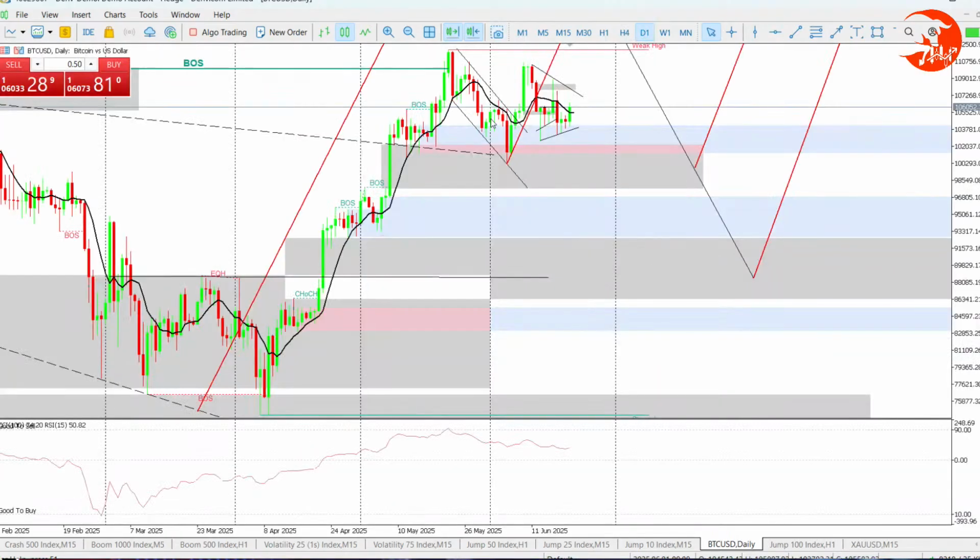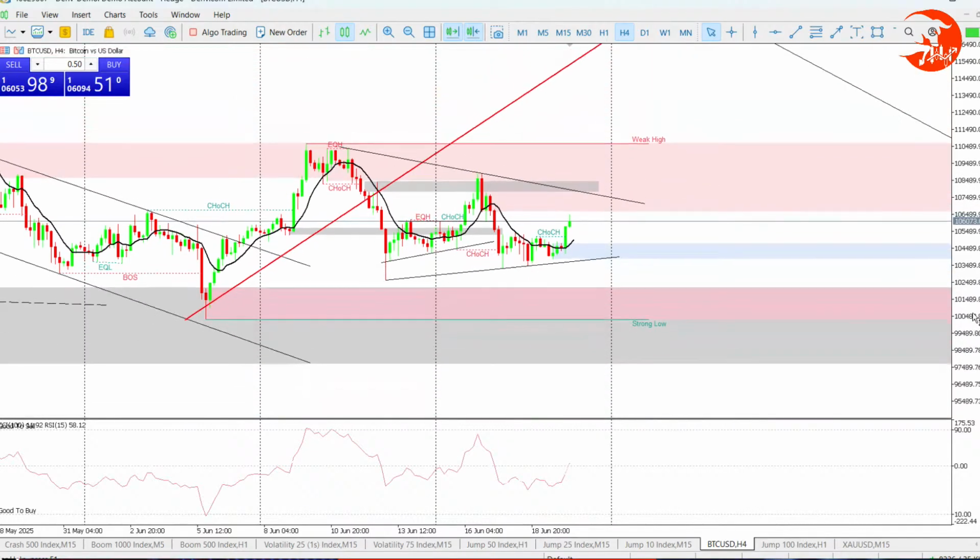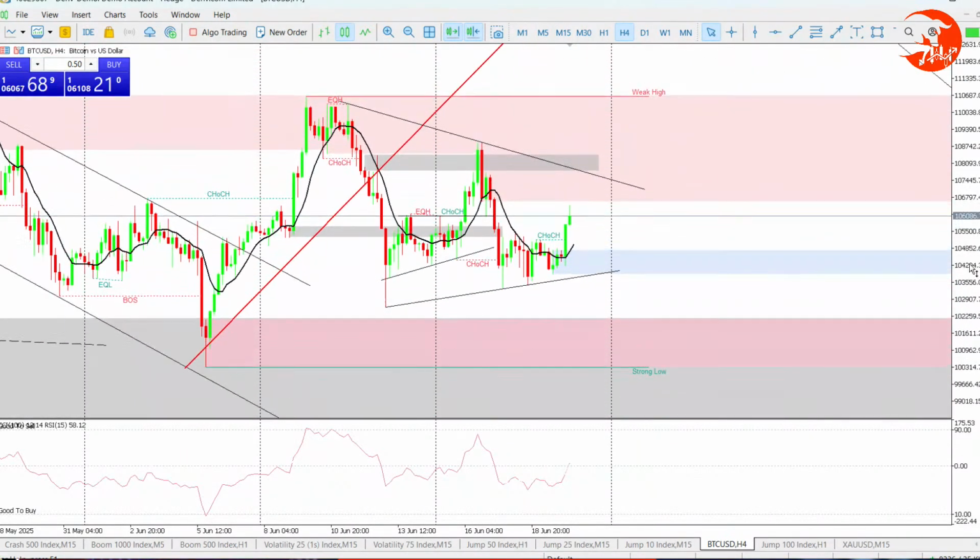As you remember, if I bring it to the daily time frame, we had this move. This was a channel, and we knew that we would test this level, which is a fair value gap according to H4 on the daily time frame, and then continue with buys, and that's what happened. We saw the buys, but it never hit TP.